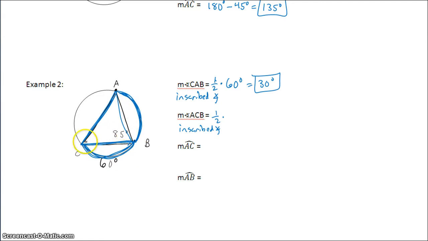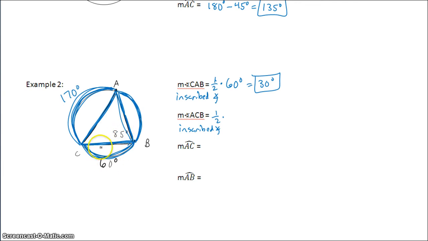If I look, angle CBA is 85 degrees. So CBA is an inscribed angle, which means the intercepted arc is going to be double that measure. So to figure out the measure of arc CA, I need to double 85 degrees. When I double 85 degrees, I get 170 degrees. So the measure of arc CA is double the inscribed angle.